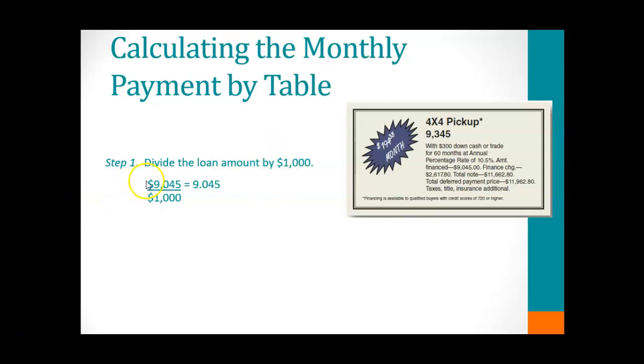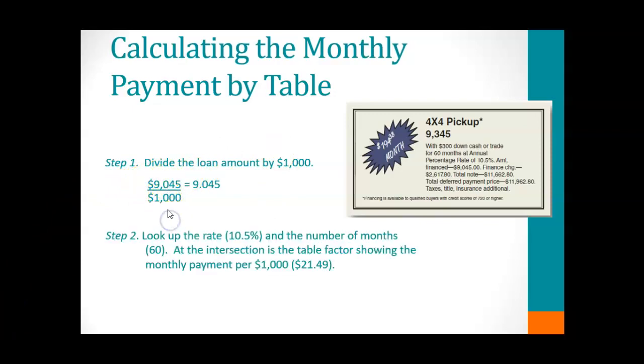Okay? Or we can use a table to figure out the monthly payment amount. To do this, you would take the amount financed, divide that by, in this case, 1,000, and that would give us 9.045. We'll then use our table. We'll look at the rate. We know it's 10.5%, and the number of months is going to be 60 months.